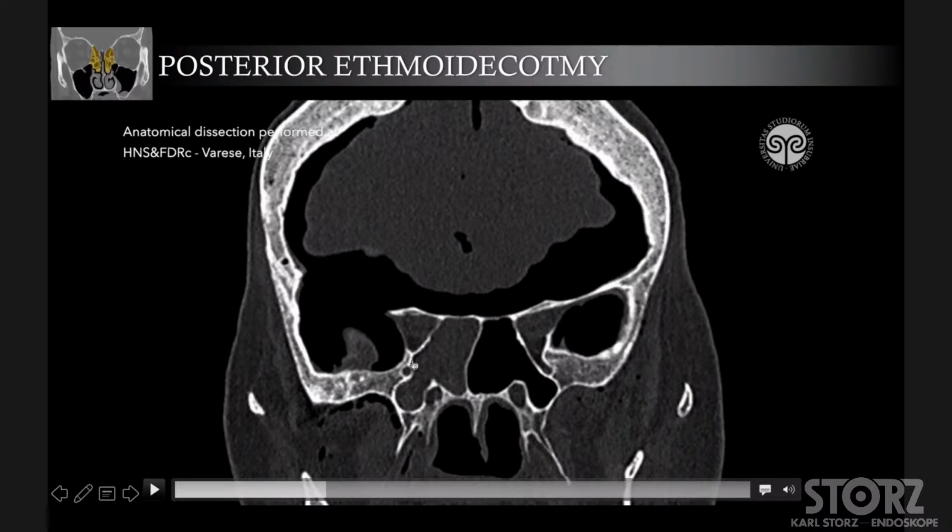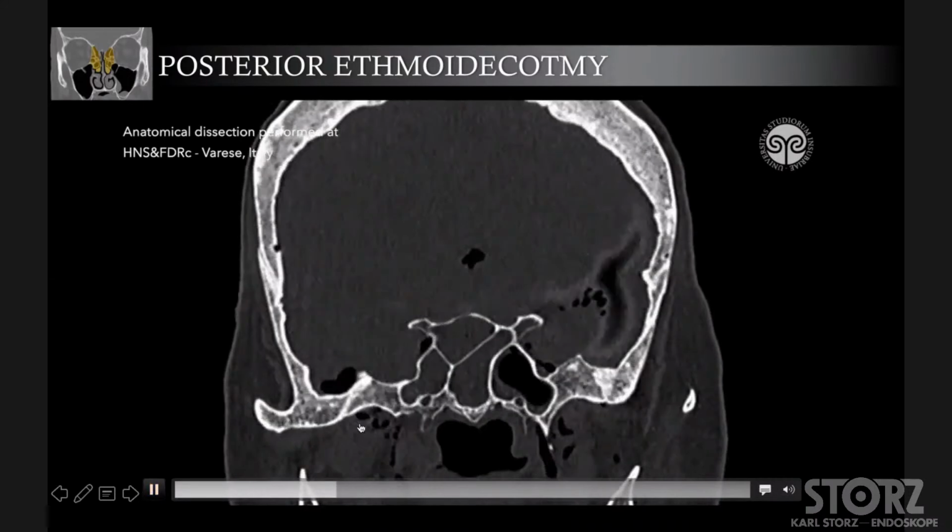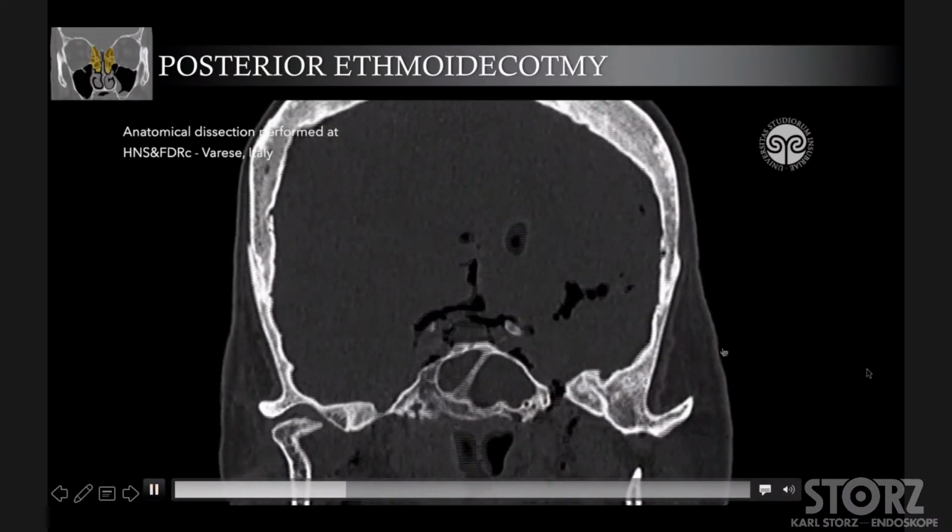Conversely, at the level of the roof of the lateral sphenoidal recess, you can see the position of V2, the second branch of the trigeminal nerve, in this position. Some septation inside of the sphenoid sinus.